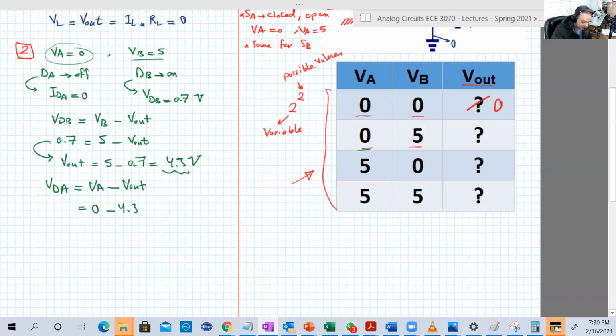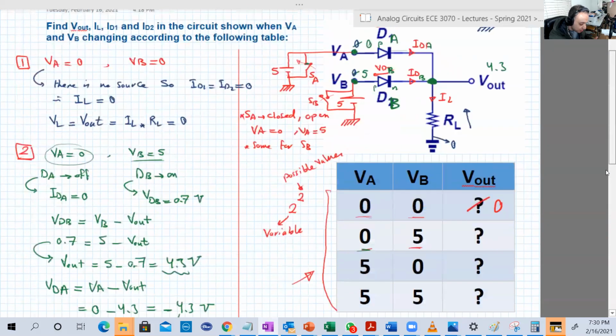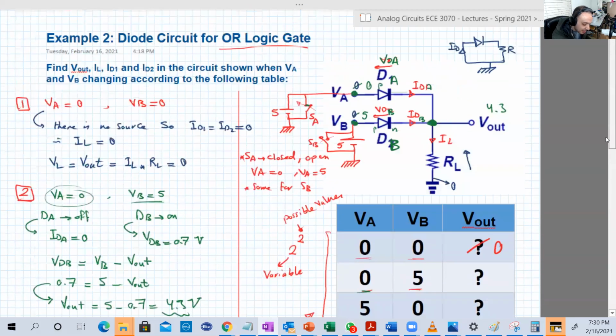So based on that, we can see clearly that VDA is minus 4.3 volt. So it was reverse, because the voltage of the N side is greater than the voltage of the B side. This is really clear. We don't even need to calculate VDA.